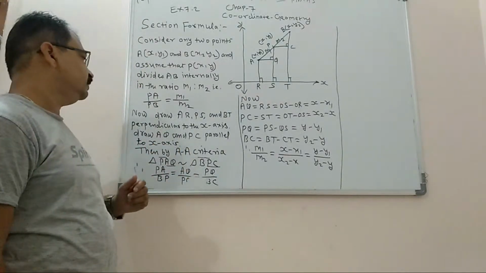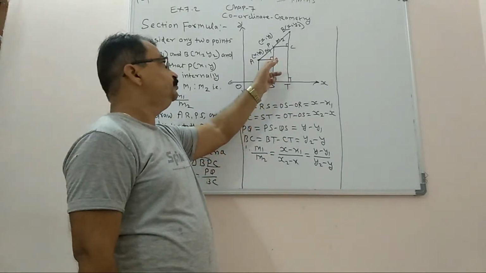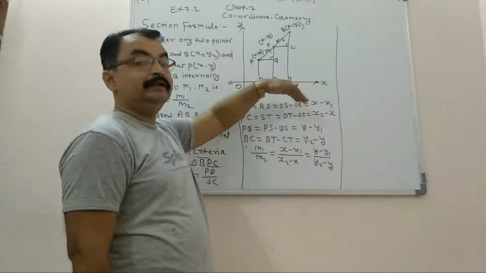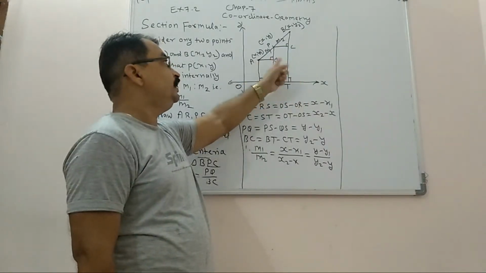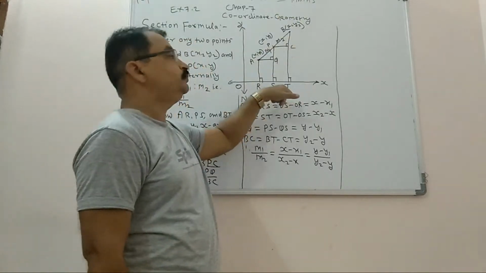And then draw AQ and PC parallel to x-axis, or in another way you can say, draw AQ perpendicular to PS and PC perpendicular to BT.